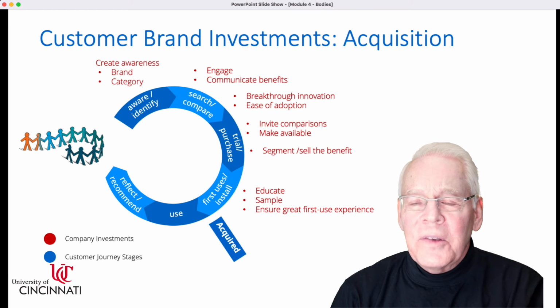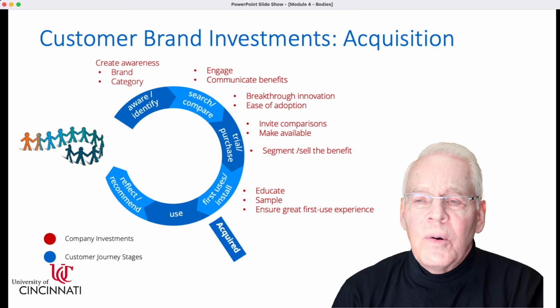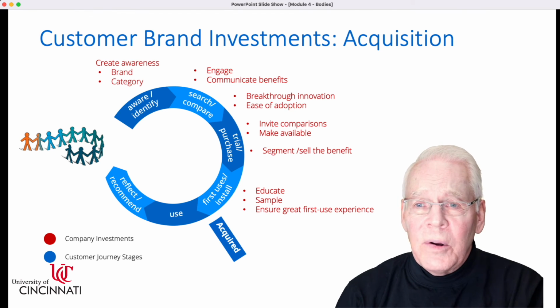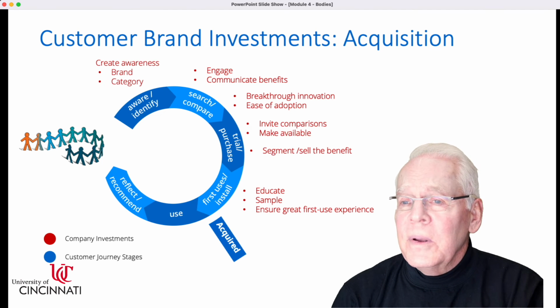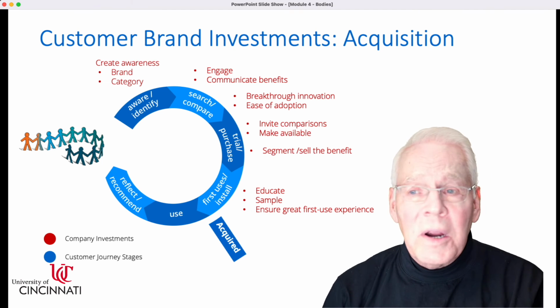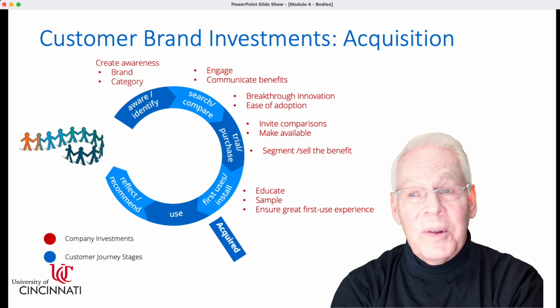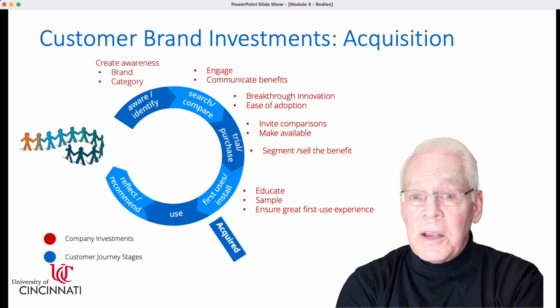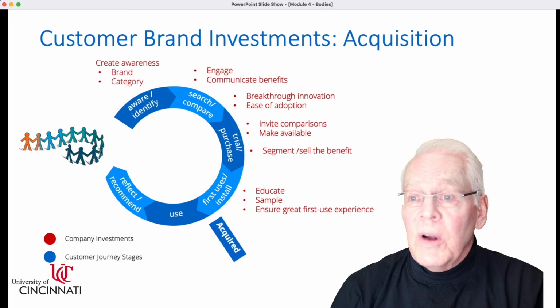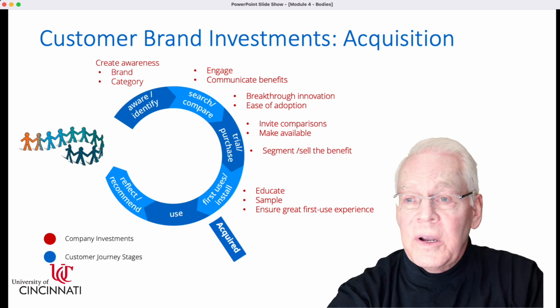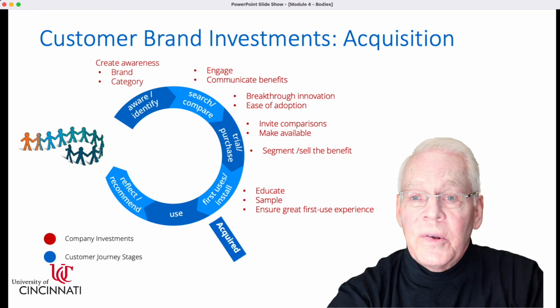If you're acquiring a customer for the first time, you've got to go through a lot of the early upfront work to keep them considering your brand all the time. It's a tedious process. Acquiring new customers is much more difficult than retaining, although retaining is much more valuable in the long run. It's very, very costly to lose a customer, and that's why we focus a lot on retention.